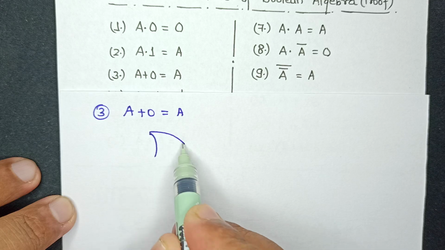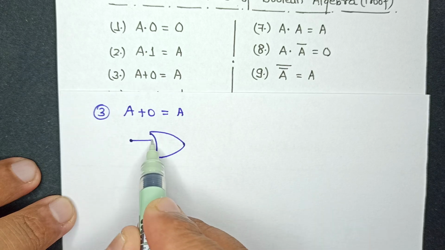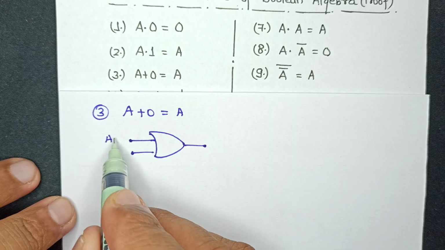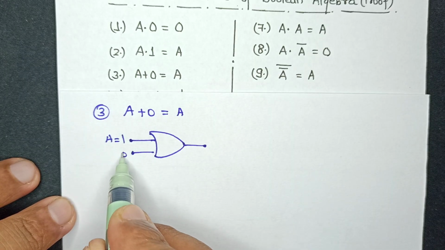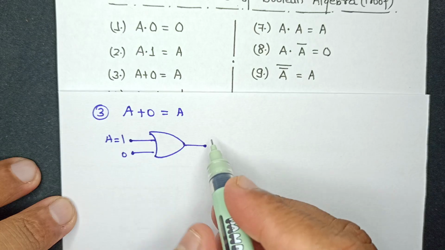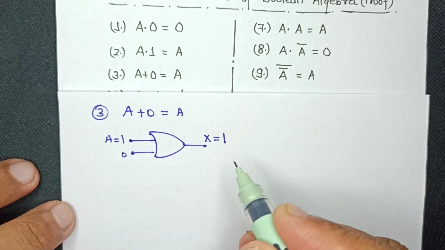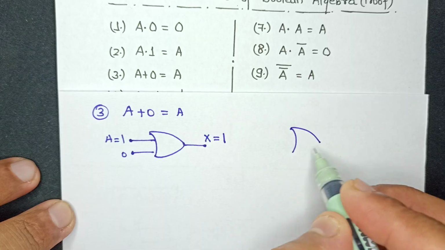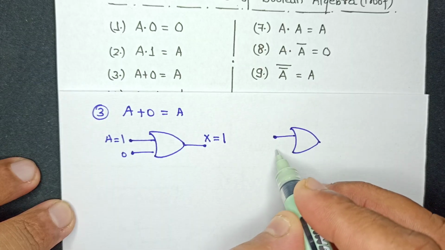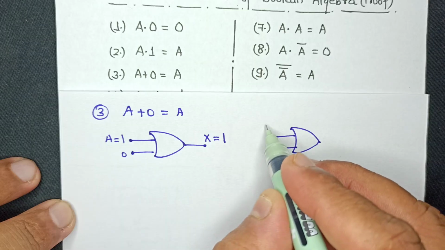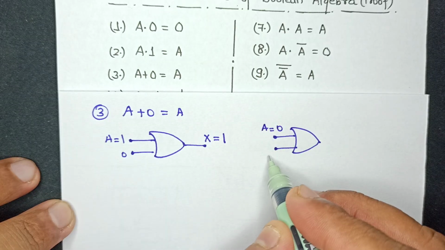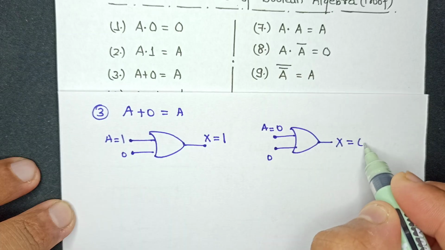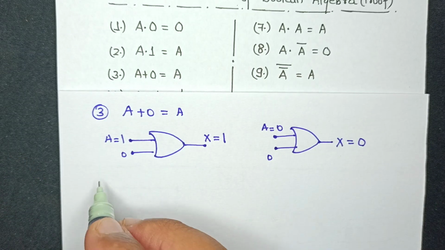So for example, if I draw an OR gate here, give it two inputs, and let us take the first input as 1 and the second input as 0, in this case the output will always be equal to 1. Even if I reverse the case and take an OR gate, give it two inputs, one of which is 0 and the other is fixed at 0, 0 and 0 ORed together, the output will always be equal to 0.